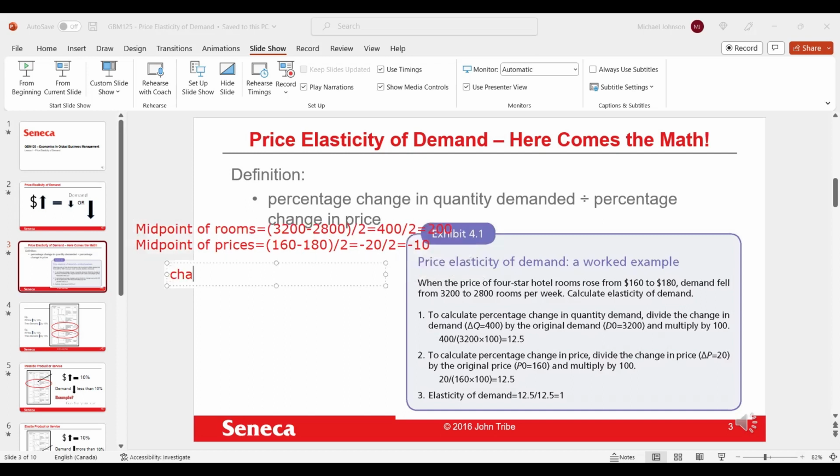And then we have to do change in rooms divided by midpoint of rooms, divided by change in prices divided by midpoint of prices.